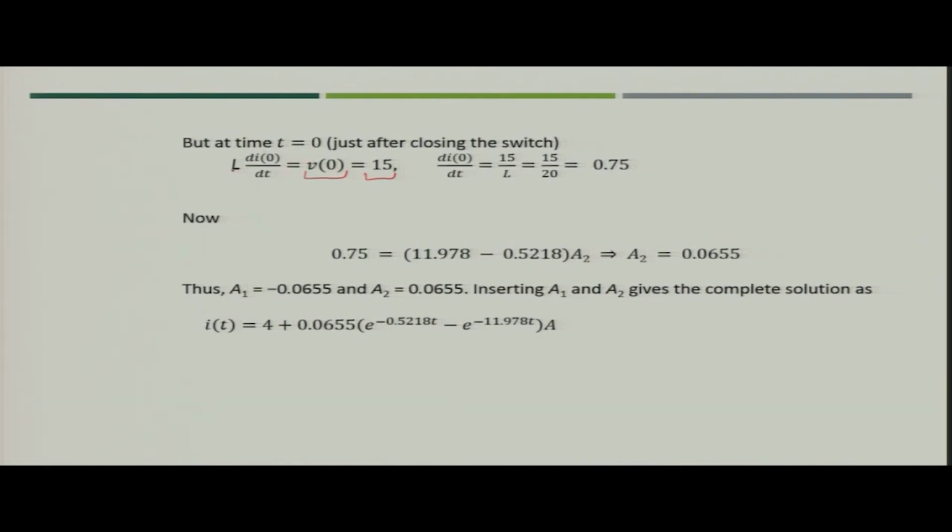So you can write the voltage across the inductor is L di by dt at t equal to 0, and find the value of di by dt at t equal to 0. You got the value as 0.75.